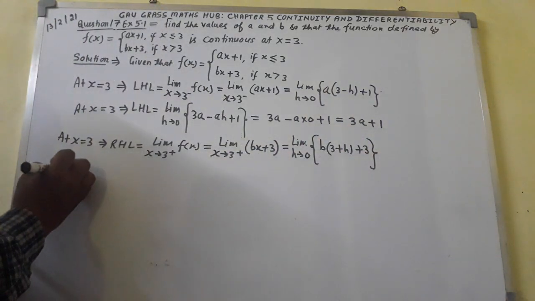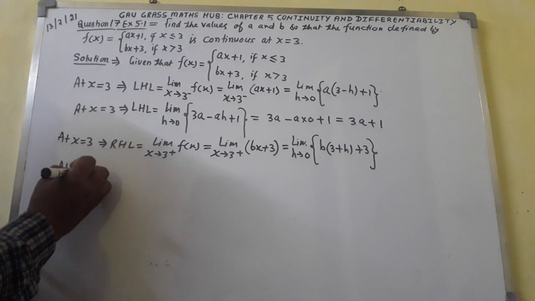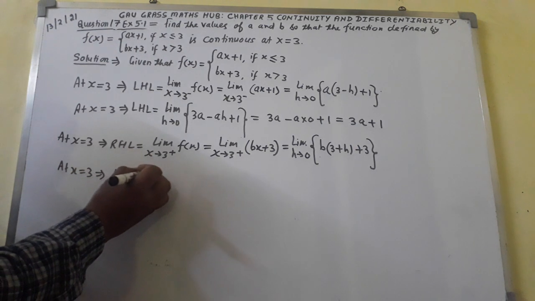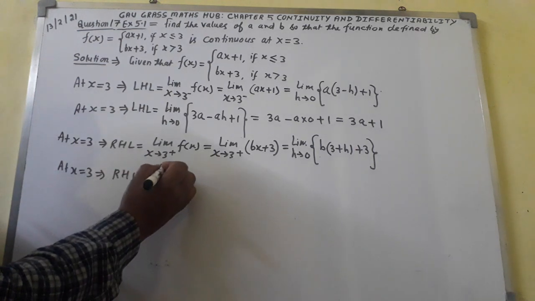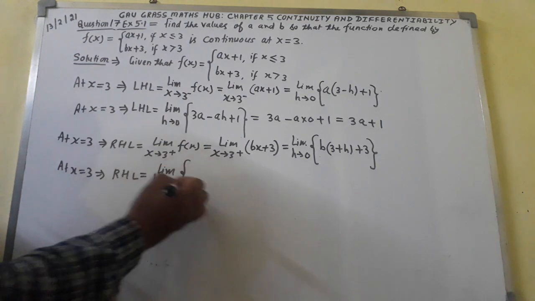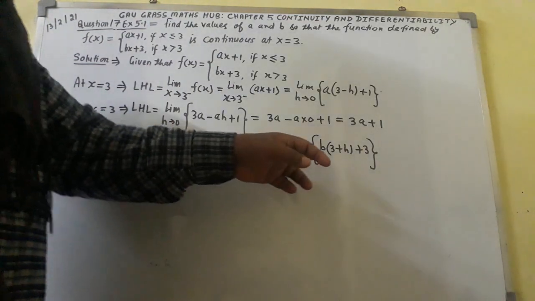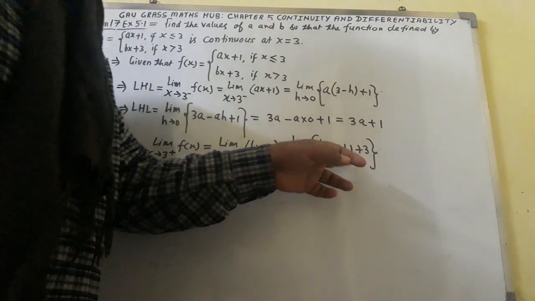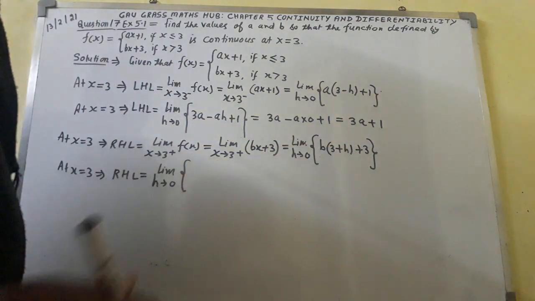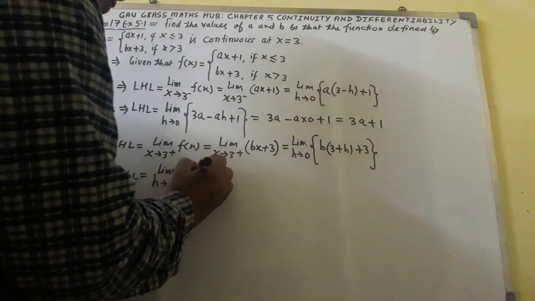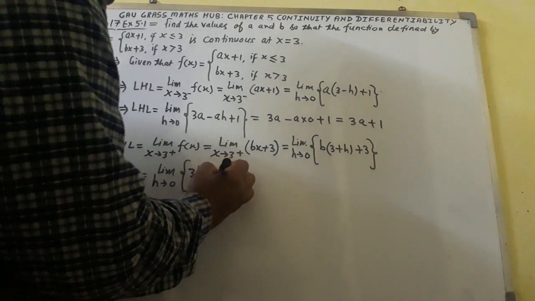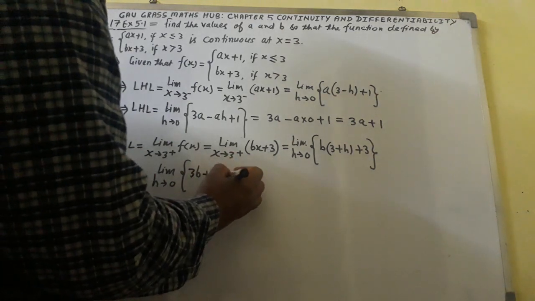Now at x equal to 3, the right hand limit comes out to be lim h tends 0 of b(3 plus h) plus 3. The bracket will be broken when small b gets entered inside, so it becomes 3b plus bh plus 3.